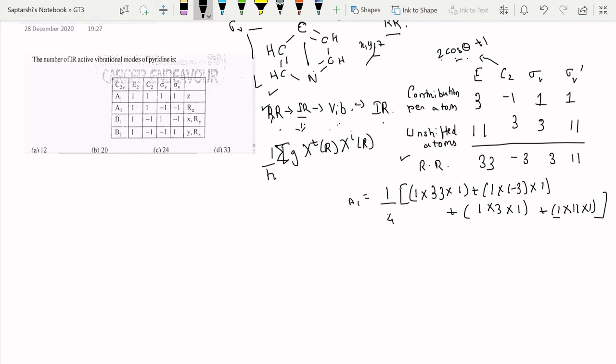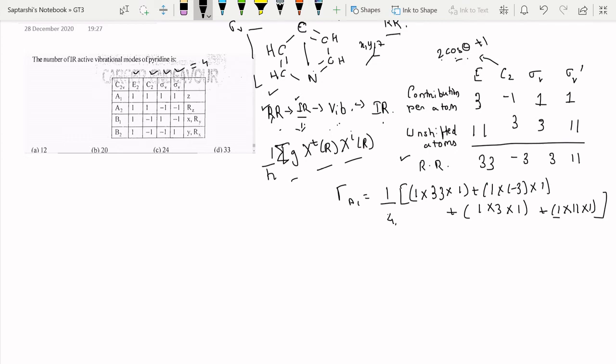Now we need to find the components it has of the irreducible representation. In the formula we used in the previous video, if we do it and find it for A1, the order of the group is 4, because all the elements are occurring once, so 1 plus 1 plus 1 plus 1 equals 4.